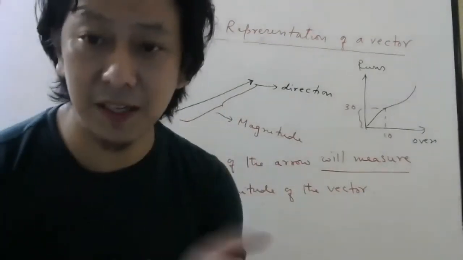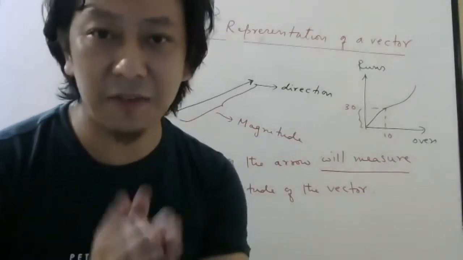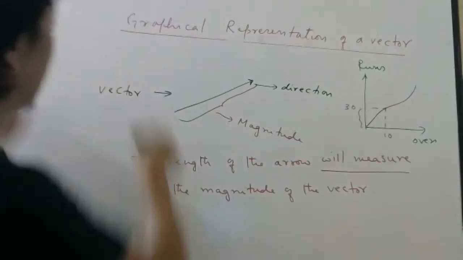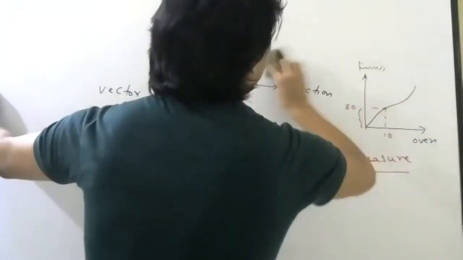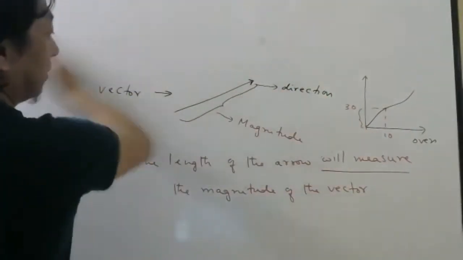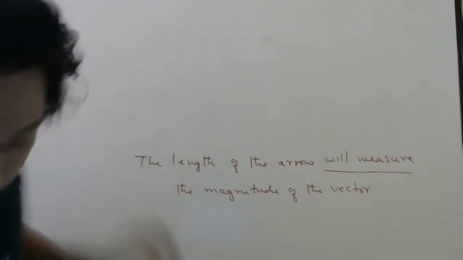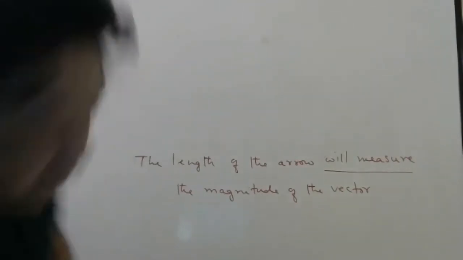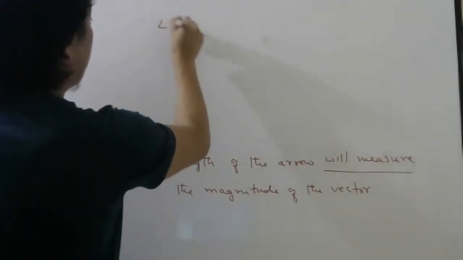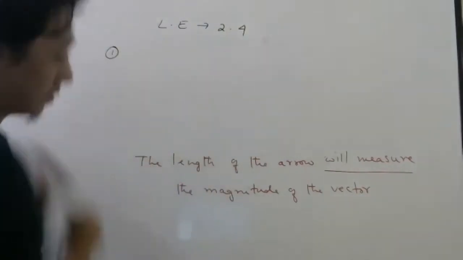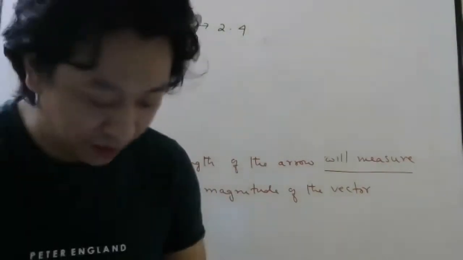If you have the material, you can see. If you don't have it, it's okay. I will read the question and discuss with you. So let us see the first question, learning exercise 2.4. Okay, let us see what it is saying.